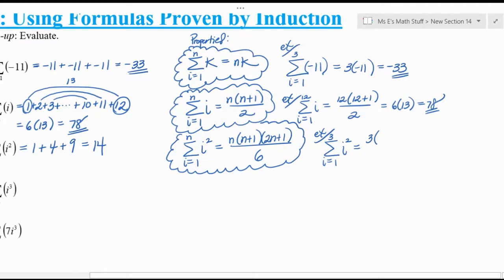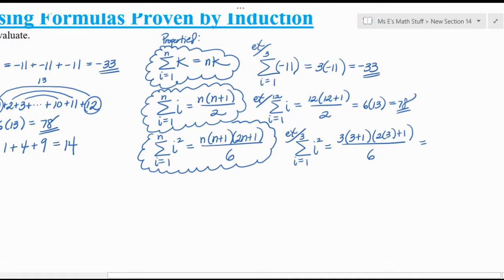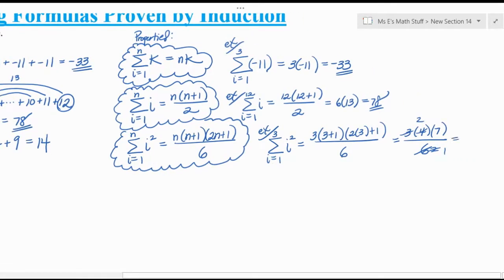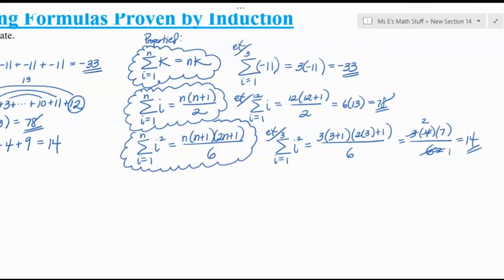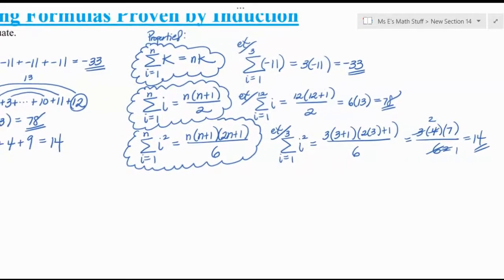So you'd have 3 times 3 plus 1 times 2 times 3 plus 1, all over 6, which would simplify down to 3 times 4 times 7 all over 6, which would end up being 2 times 7, which is 14. There you go. I'm not saying that for that particular problem you're better off with the formula, but I am saying that pretty soon you'll be better off with the formula.